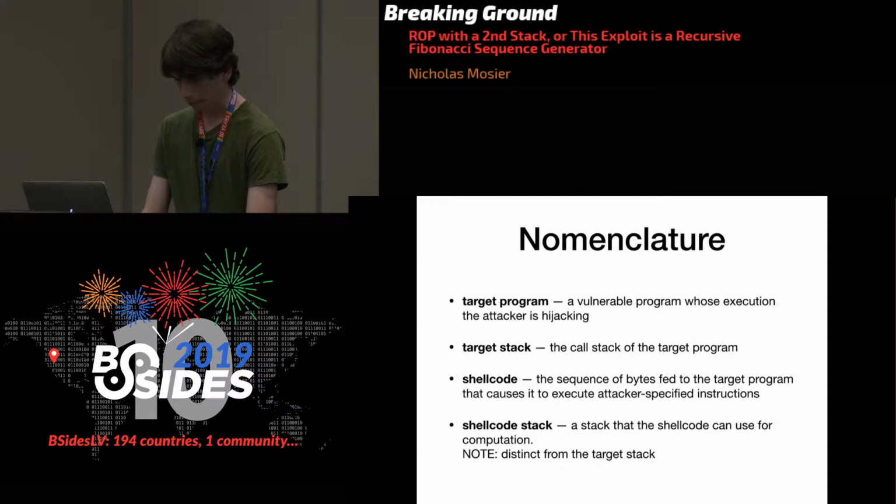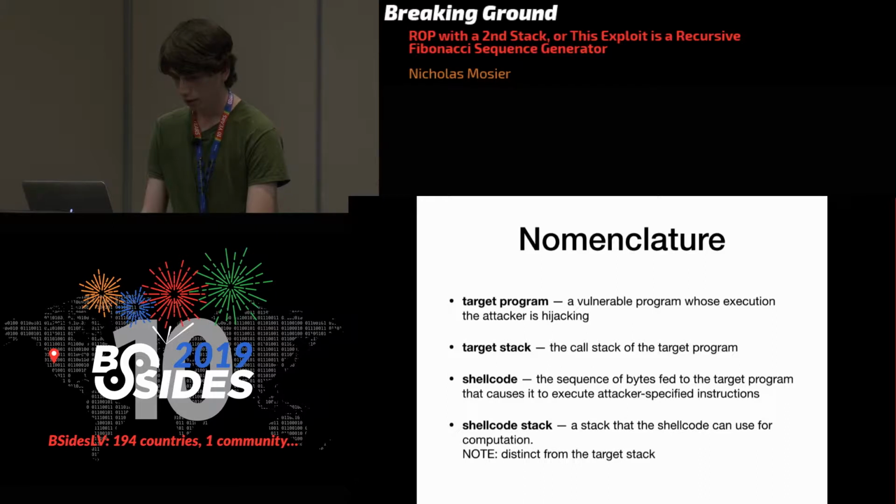Now just to clarify some terms I'll be using. By target program, I mean a program that has a vulnerability that we're trying to exploit using ROP techniques. The target stack is the stack that program uses, the stack everyone is familiar with. The shellcode, of course, is just the sequence of bytes that this compiler produces.